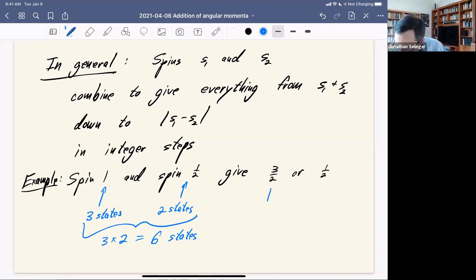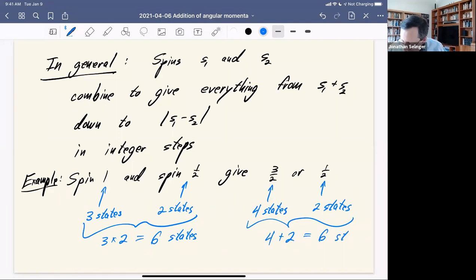And spin 3/2 is 4 states, and spin 1/2 is 2 states. And if you add those up, 4 plus 2 equals 6 states. So that balances. And it's not obvious that it always balances, but in fact it does, right? And so there are theorems about this, that the counting always comes out right.